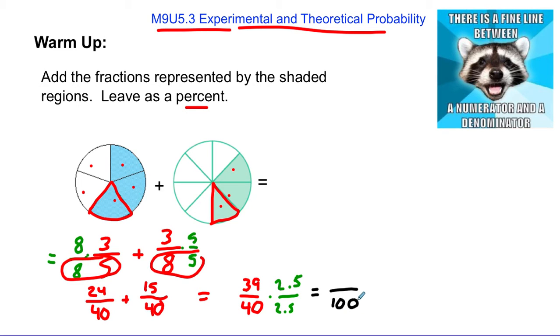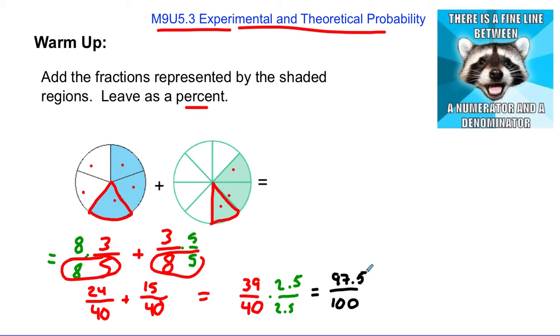Oh, I guess another, you could divide by 4. That might make this really ugly. This turns out to be, what, 97.5.